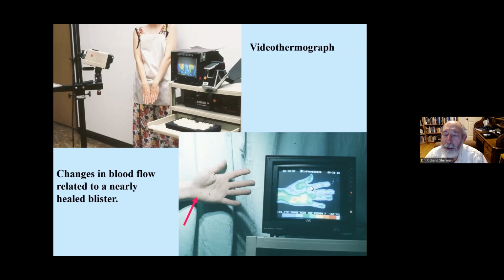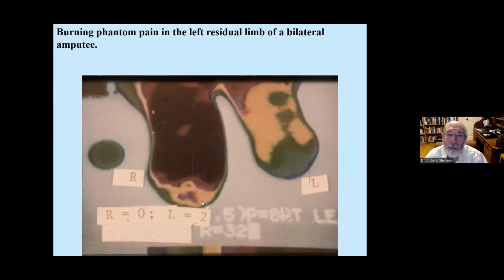So we can figure out that something is going on. And then we can guide an anesthesiologist to give a block that will increase blood flow to the area, or we can train people to increase their blood flow to the area. This is a double amputee. Warm is more blood flow.